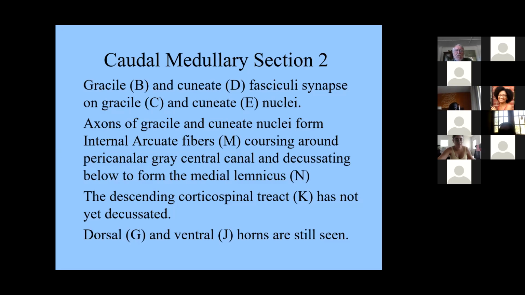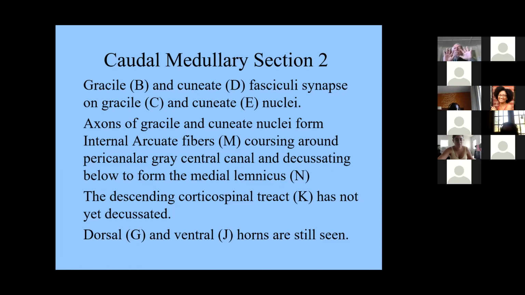So, in addition to seeing the gracile and cuneate inputs into the gracile C and cuneate E nuclei, we are now going to look at the outputs of the gracile and cuneate nuclei to form these internal arcuate fibers, M, that will course around the pericanular gray central canal and then decussate below the central canal to form the medial lemniscus that we call N.